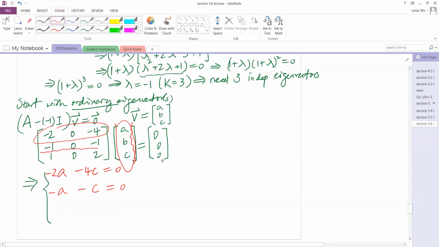The last row tells us 1A plus 2C equals 0. Equations 1, 2, 3. Based on the coefficients, do you see two of the equations are exactly the same? The first one and the third one are the same, right? So I can just drop equation 1 because it just repeats the information given in equation 3. So the only useful ones are equation 2 and equation 3.